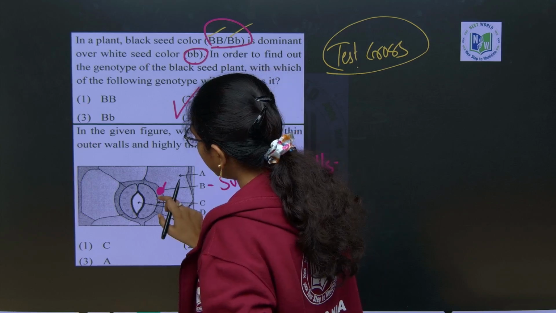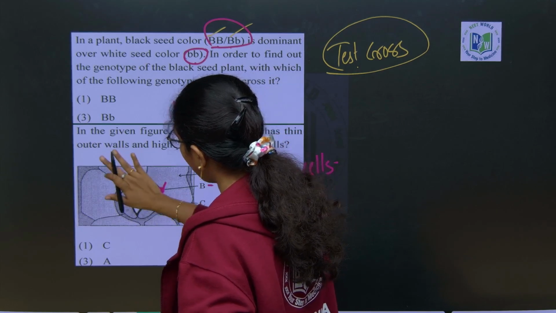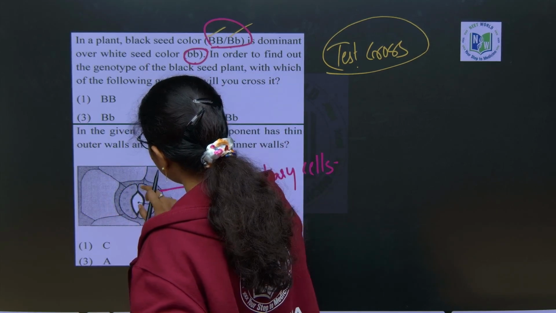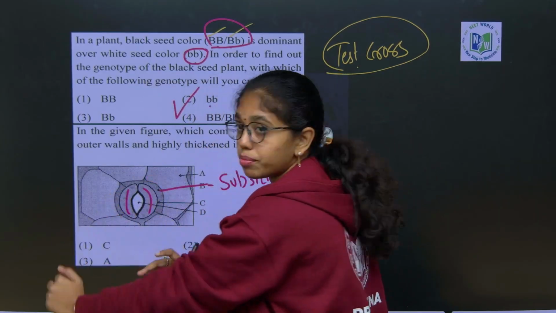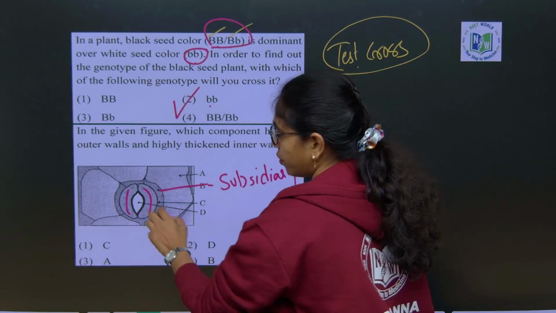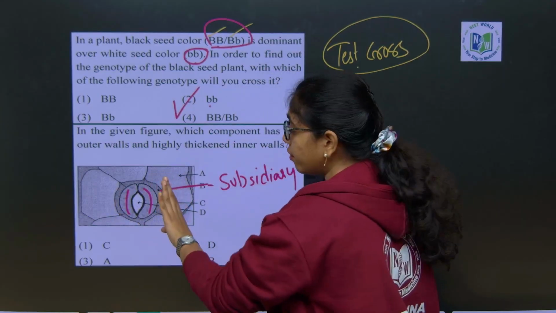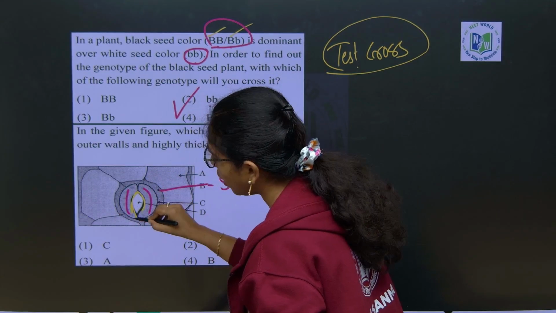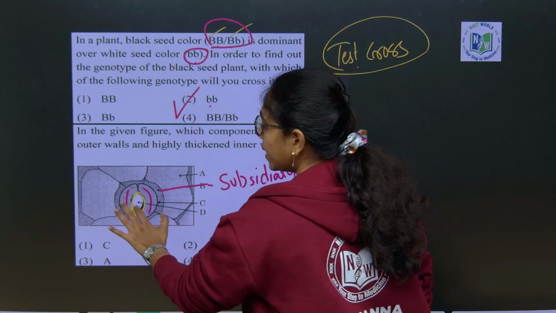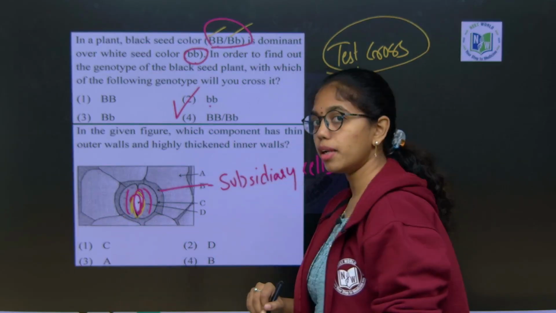Next, these are guard cells of the stomata. They are bean shaped, so it is a dicotyledonous leaf, and guard cells have thin outer wall and thick inner wall, and here at the center, that is the stomatal pore.